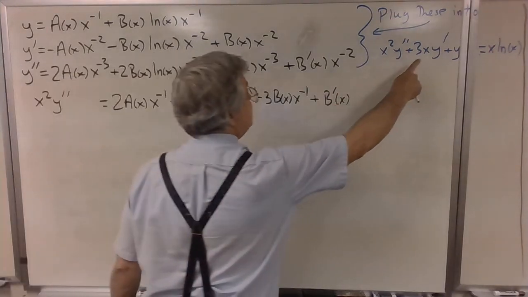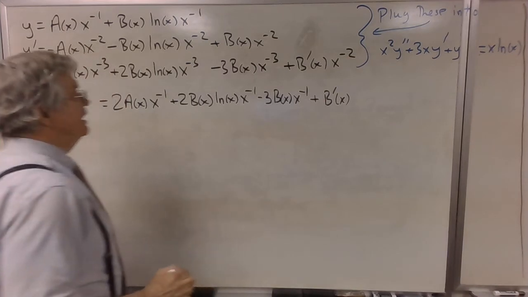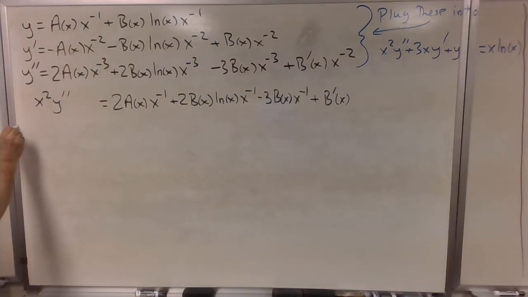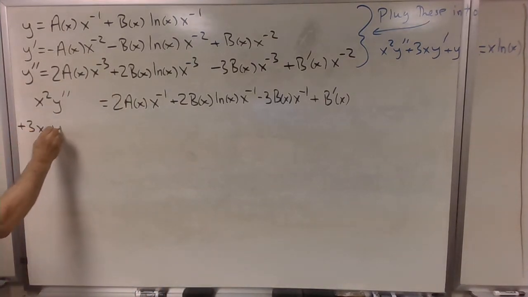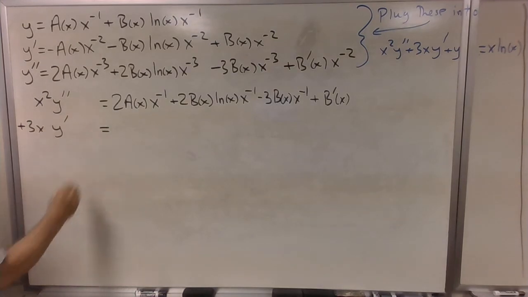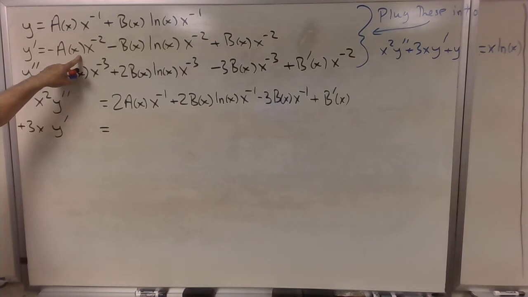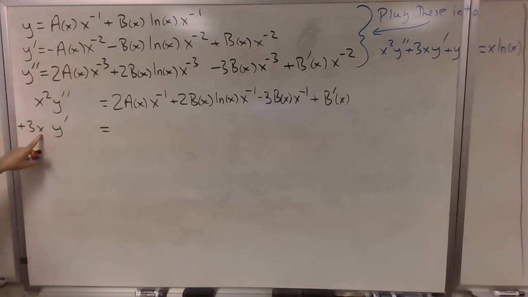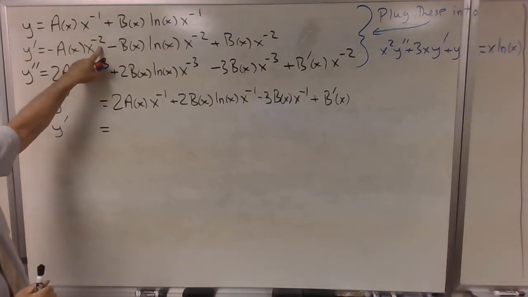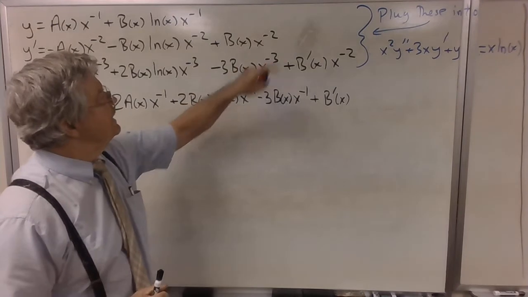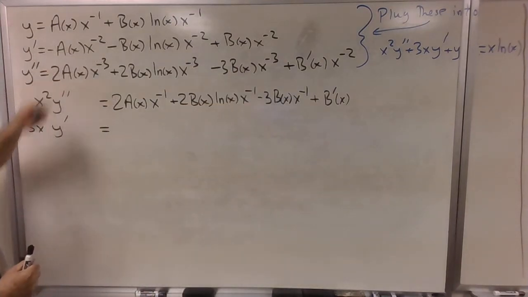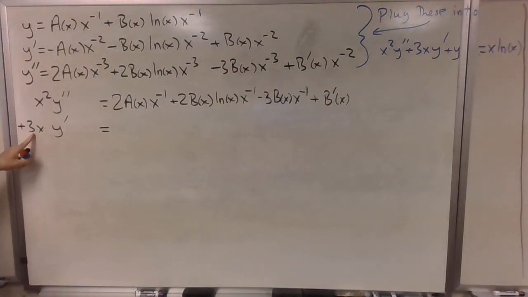Next, we add 3x times y prime. So we're going to take every term here and multiply it by 3, and we're going to multiply it by x. So we raise the power of x by 1 in each term, and we multiply each term by 3.